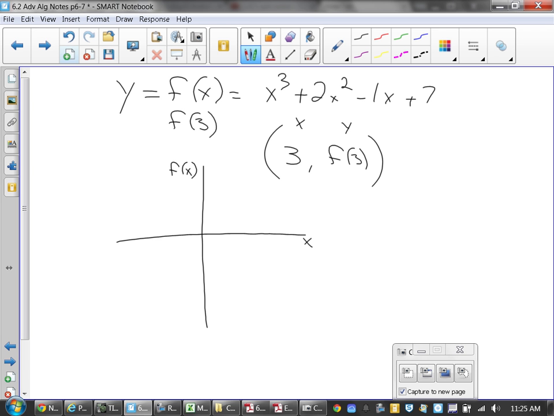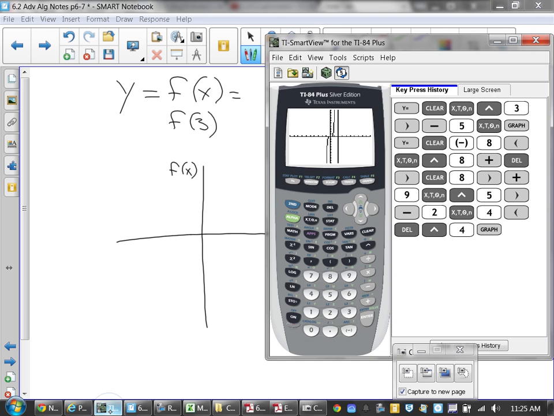So with that idea, if we had this graph, x cubed plus 2x squared minus x plus 7, and let's just say I wanted to get a rough idea what that looked like.